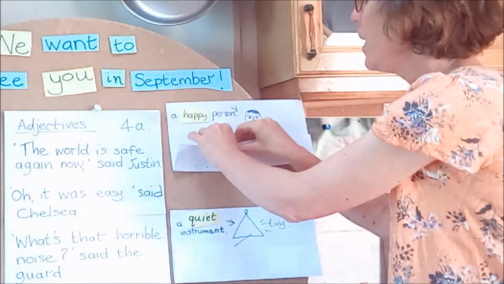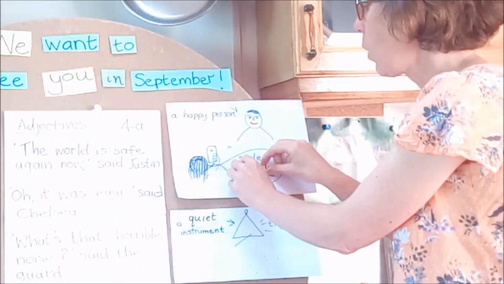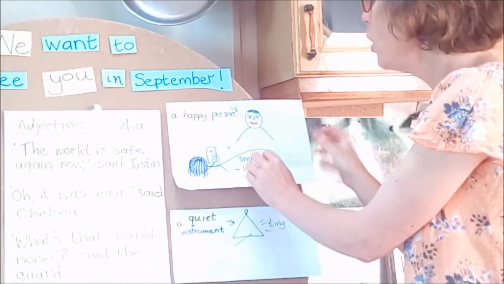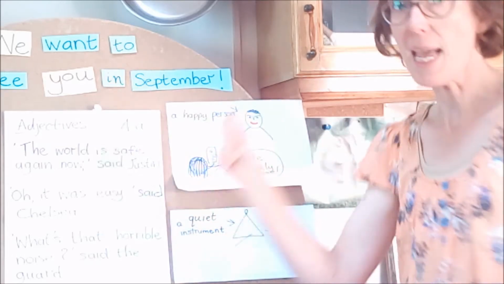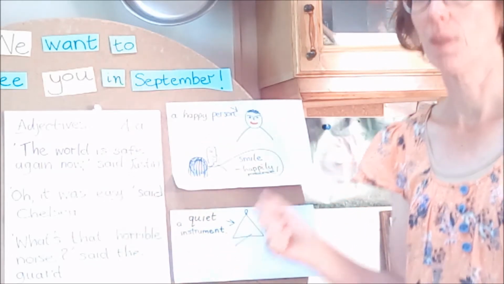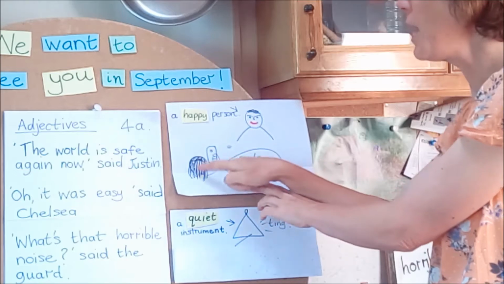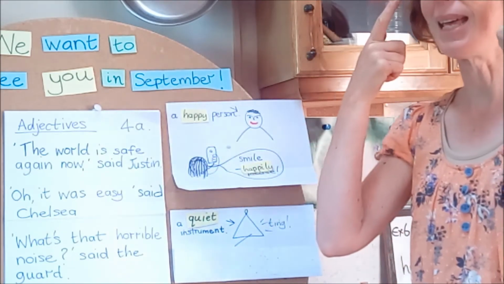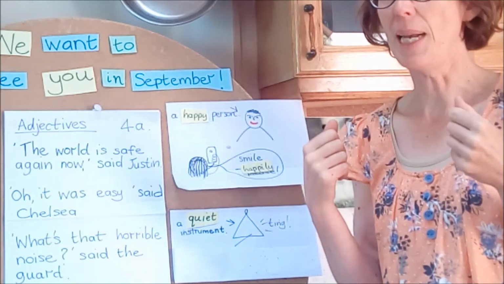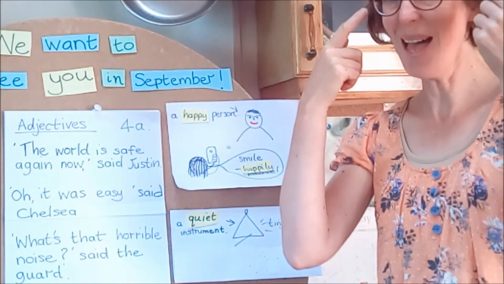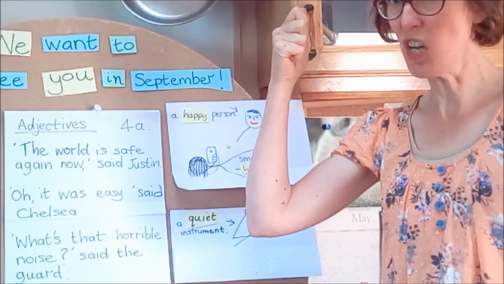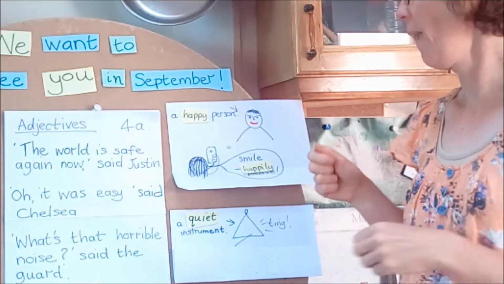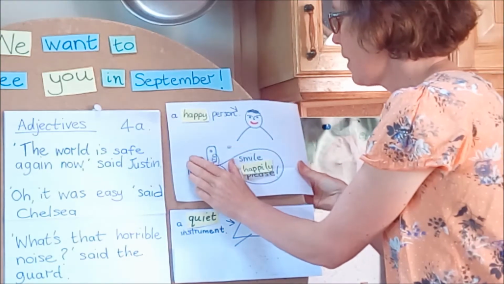Then we use the same basic word to describe an action. So in this picture, the person says smile happily. Happily describes smile, the action. Okay, hope you can see that.